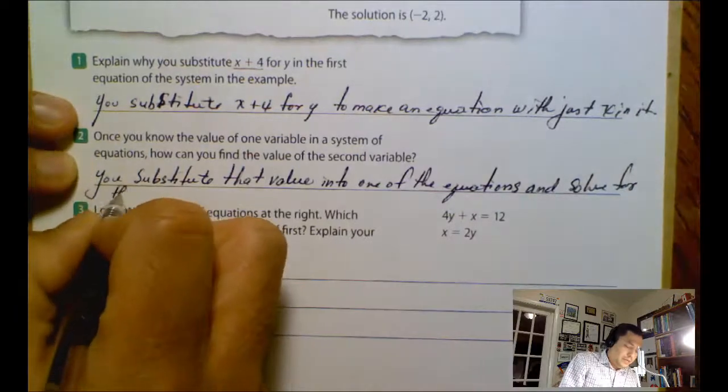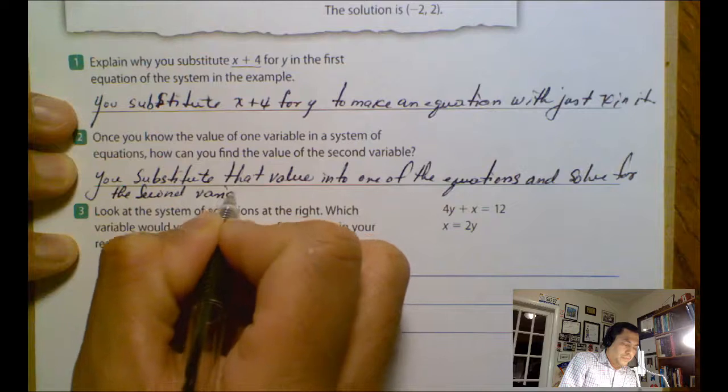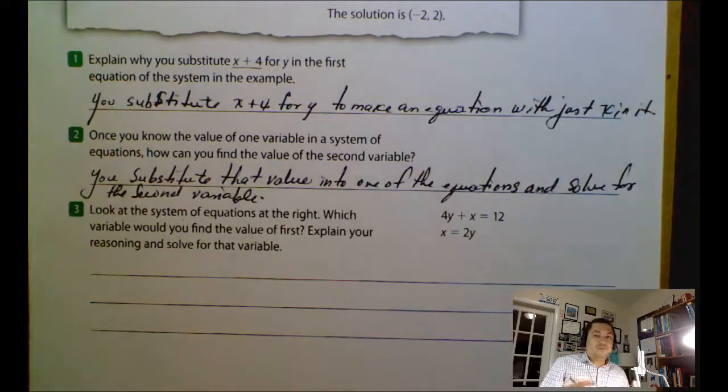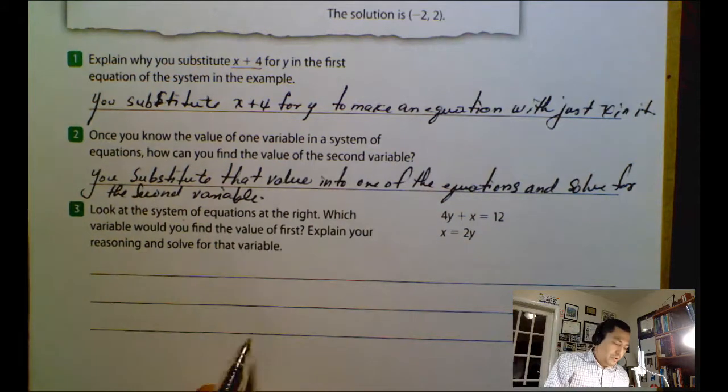That's what we're going to do. Once we find one value, we go back to any of the two equations, whatever you want, and plug in that value and find the value of the other variable.